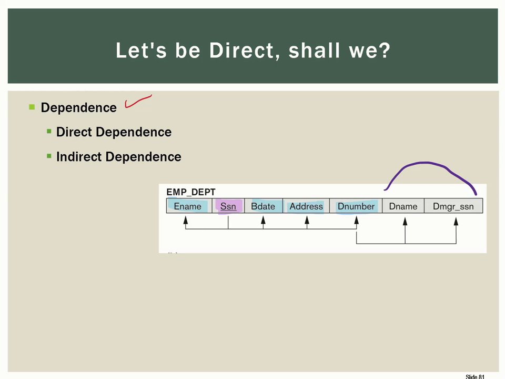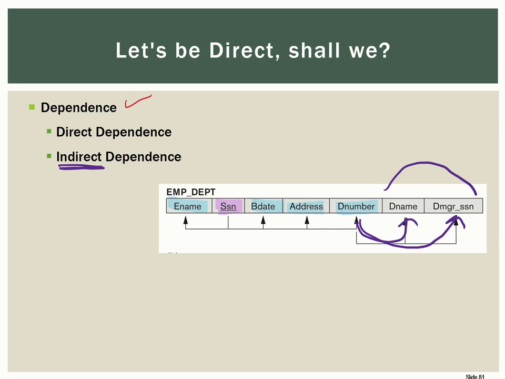But it is not a direct dependence, it is an indirect dependence, because they are more closely dependent on the department number. Once I have a department number, there's direct dependence to the name, and there's direct dependence to the manager's Social Security number. So in third normal form, we're going to look for direct dependencies.